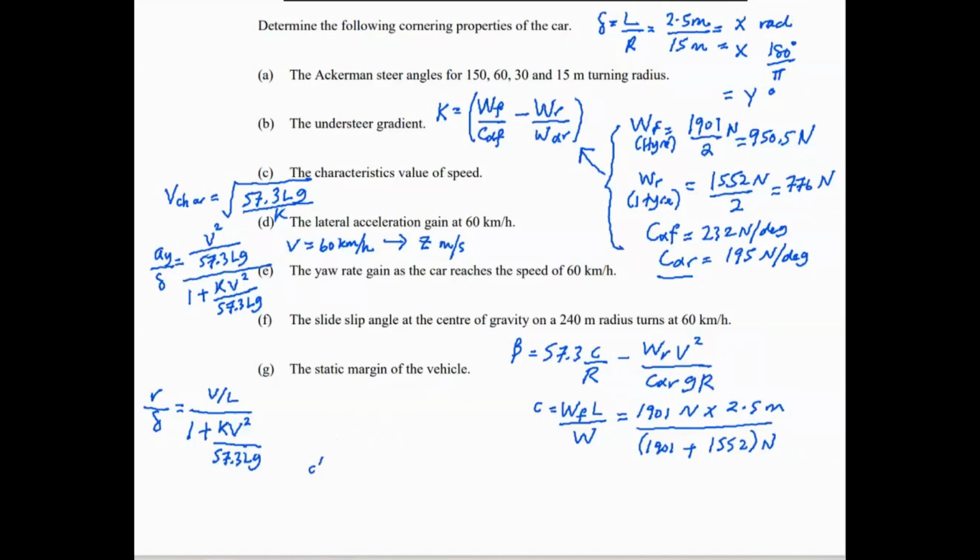So wheelbase times C alpha F over C alpha F plus C alpha R. The wheelbase is 2.5 meter.